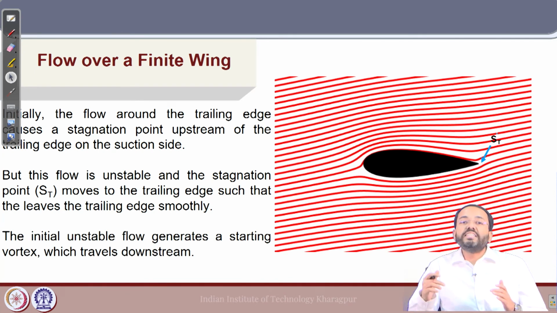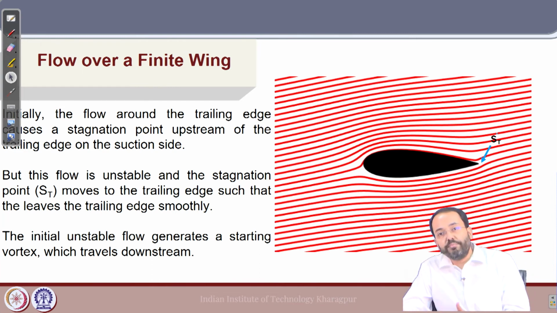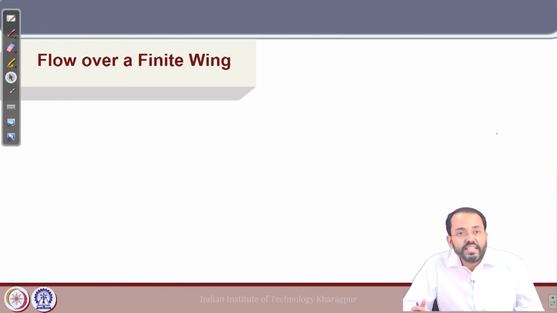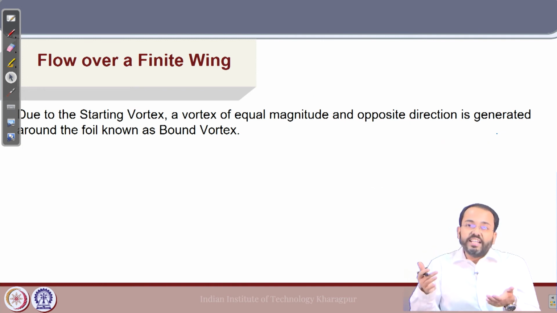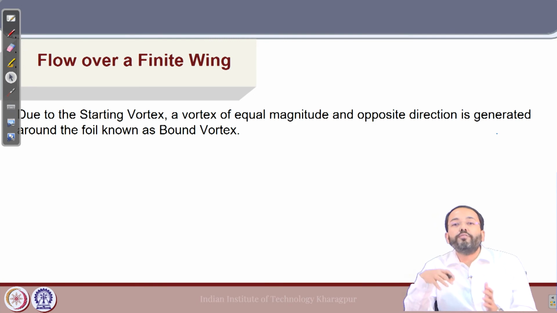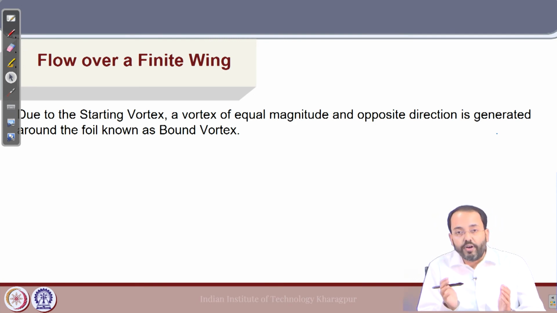This initial unstable flow, which later becomes stable, generates a starting vortex in the system which travels downstream. Because of the shedding of the starting vortex by the foil, a vortex of equal magnitude but, obviously, in the opposite direction is generated around the foil, which is called the bound vortex. This bound vortex around the foil creates the lift around the foil.